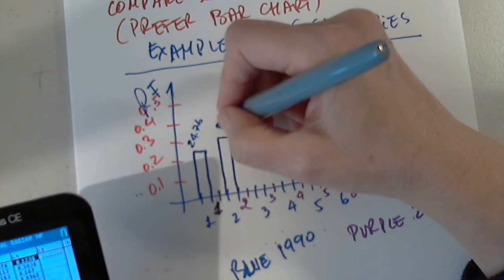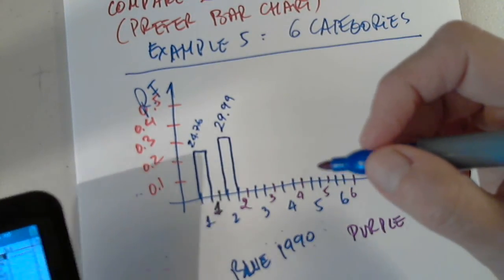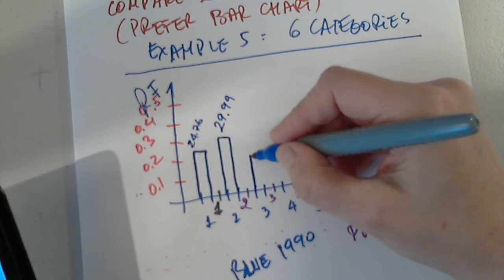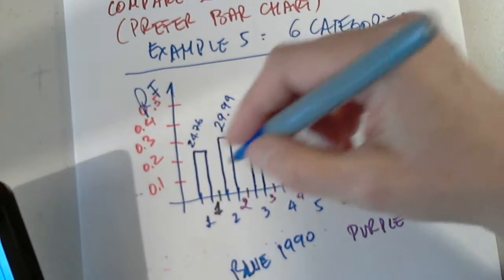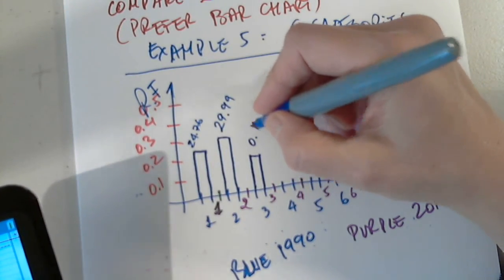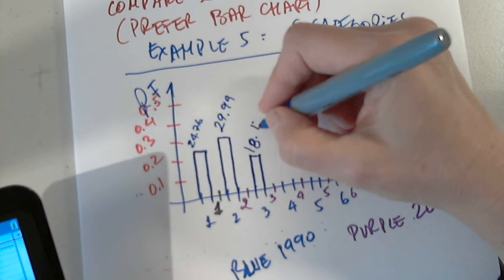I'm going to write in percentage, easier for me. Okay, the next one is 0.18 or roughly 19. All have the same width. So this is 18.74.